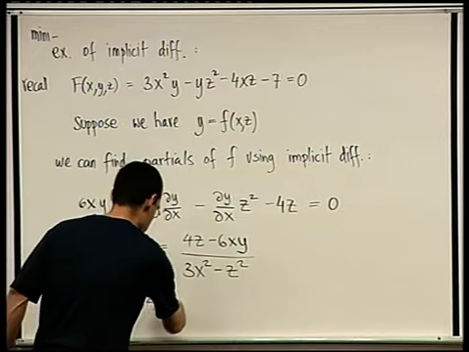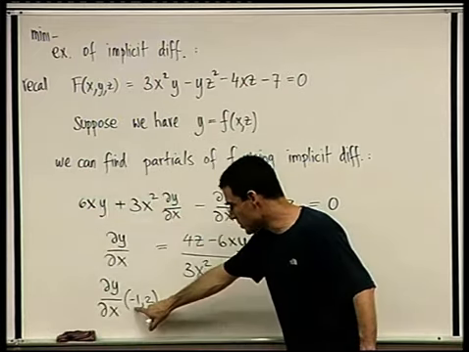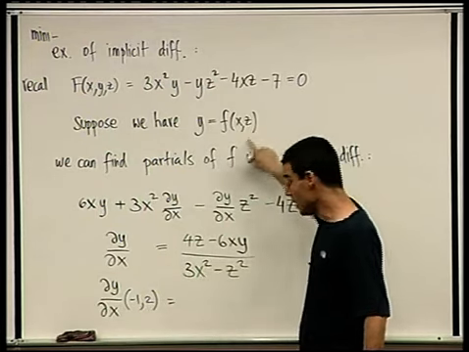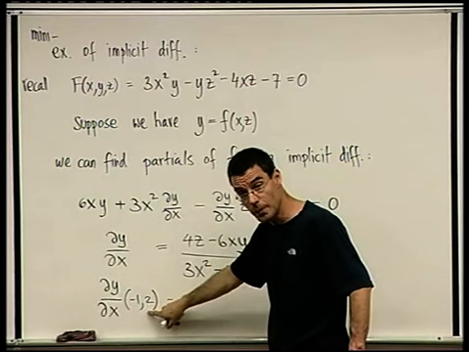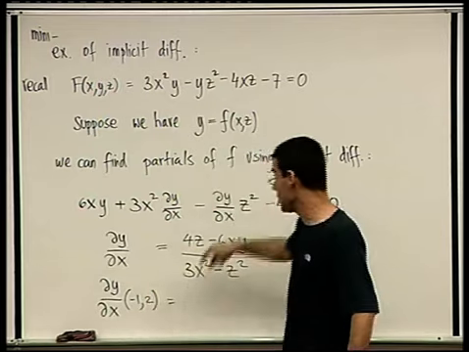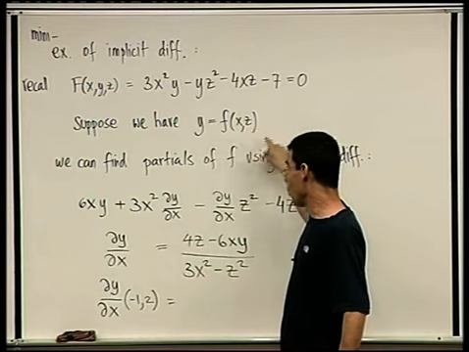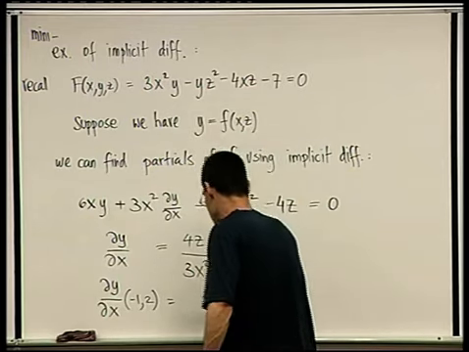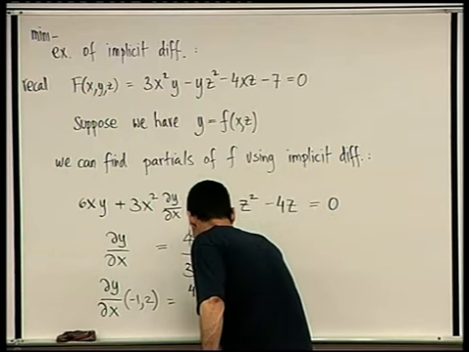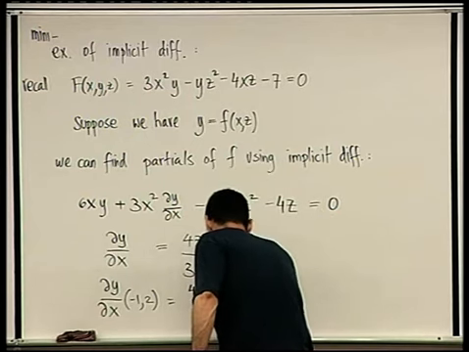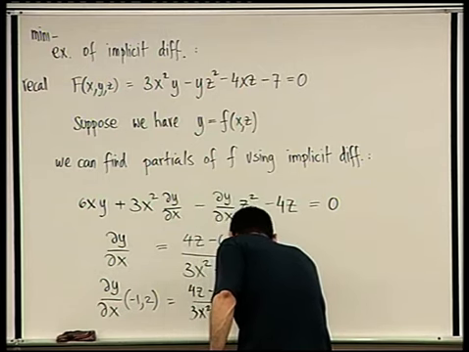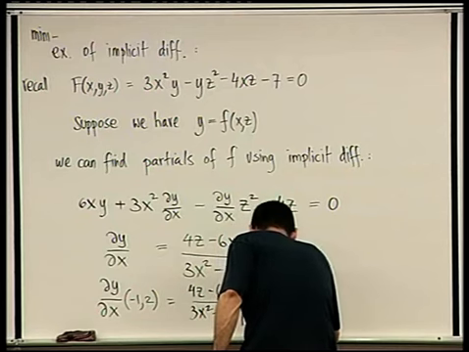When x is negative 1 and z is 2, y has to be 1. That's how this point originated as negative 1, 1, 2. And therefore, it's this thing evaluated there: 4z minus 6xy divided by 3x squared minus z squared, evaluated at negative 1, 1, 2, right?